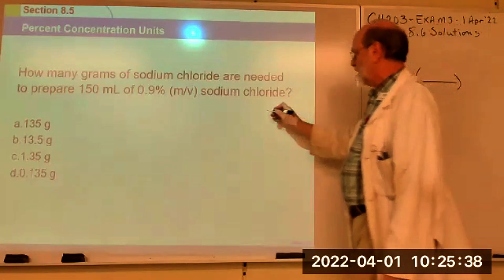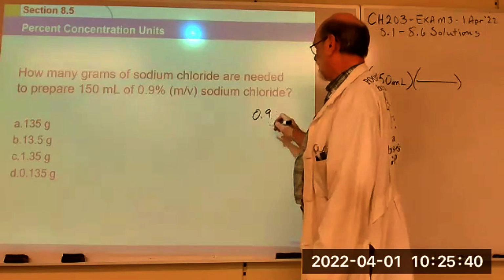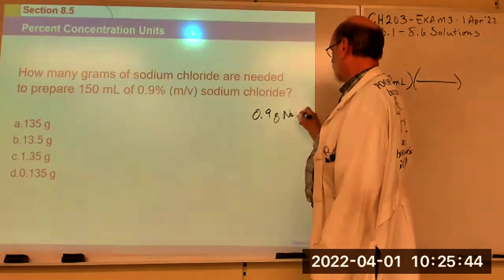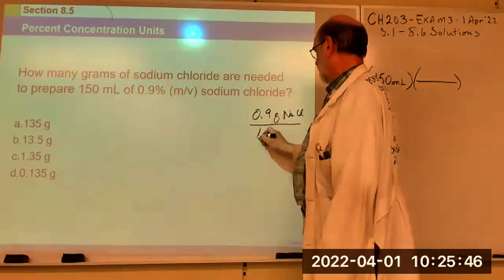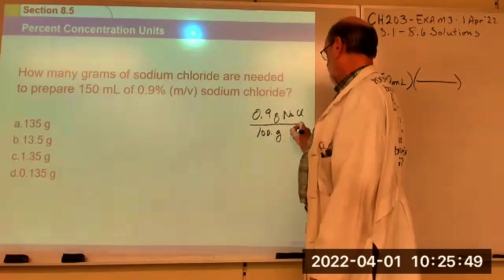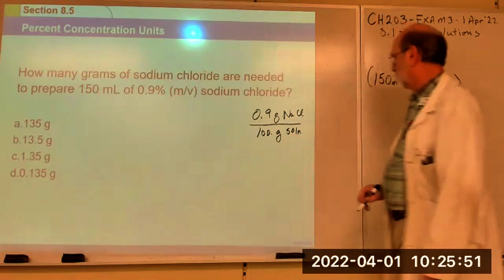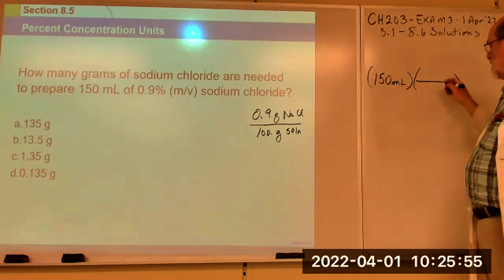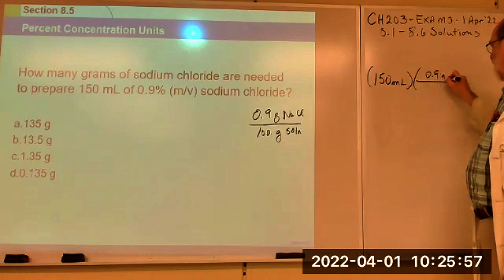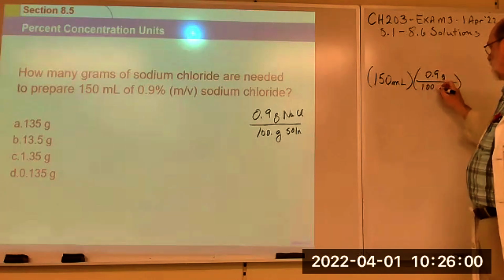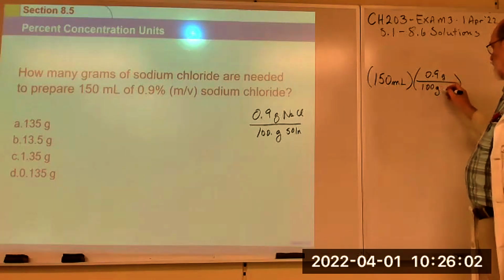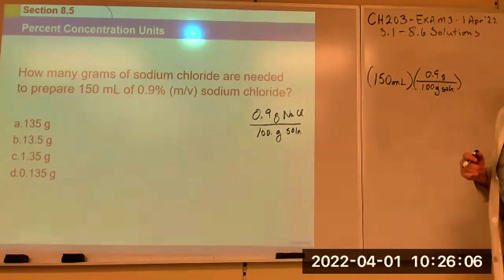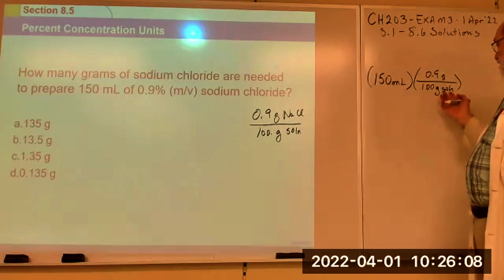Mass volume, that's 0.9 grams of sodium chloride per 100 grams of solution. 150 milliliters of solution, 0.9 grams per 100 grams of solution. That's not going to hit this. These won't cancel.